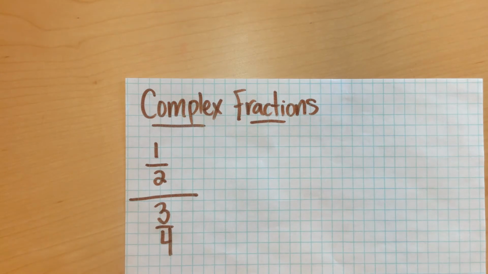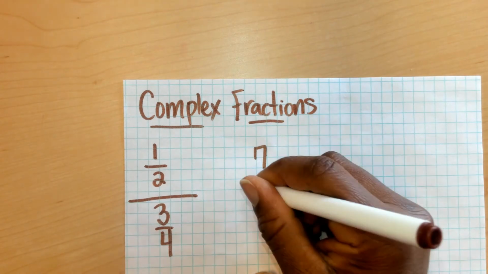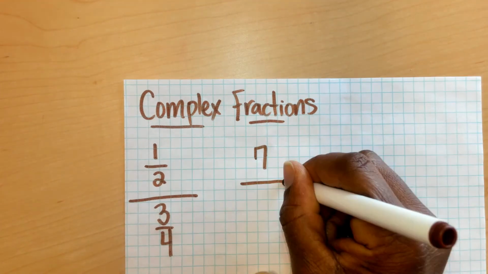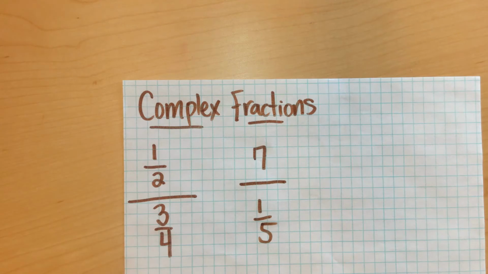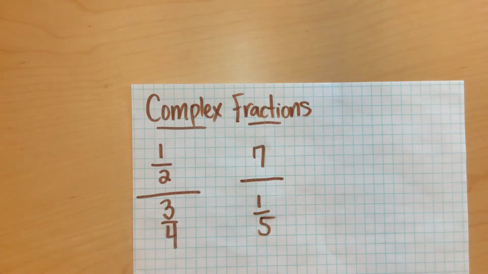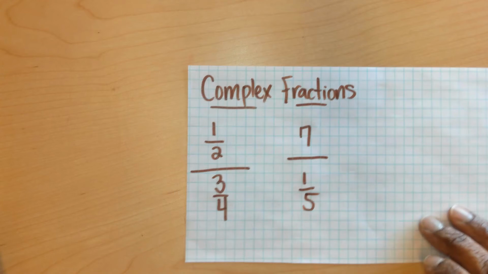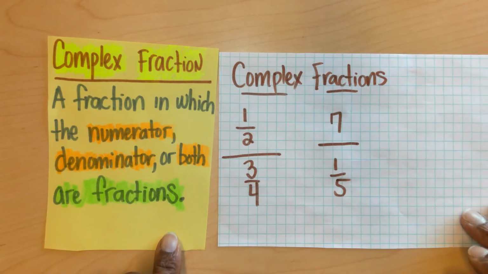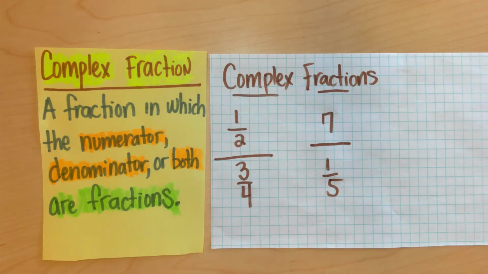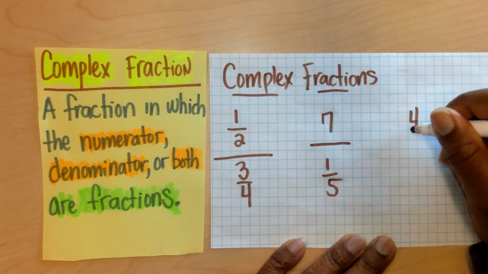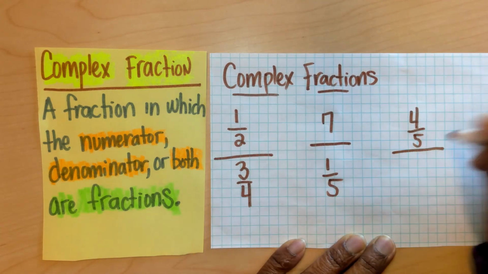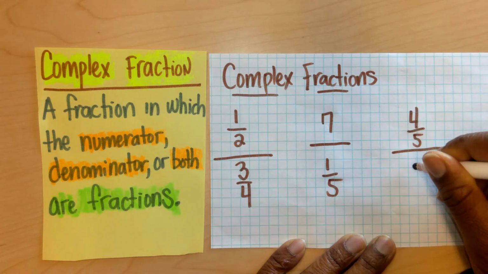Okay, here's another complex fraction. 7 divided by 1/5. That's also a complex fraction because it is a fraction in which the numerator, denominator, or both are actually fractions. And another example is 4/5 divided by 9.